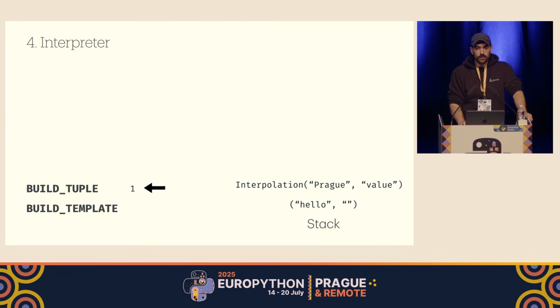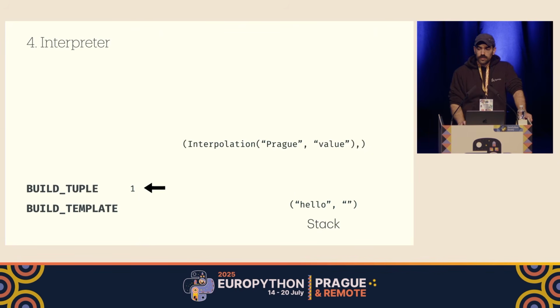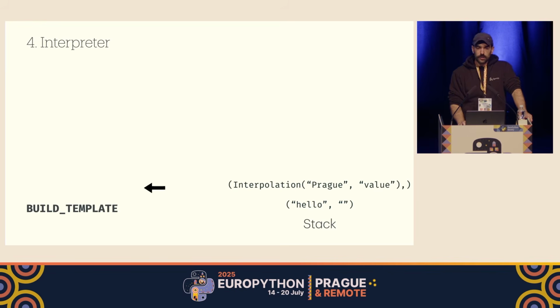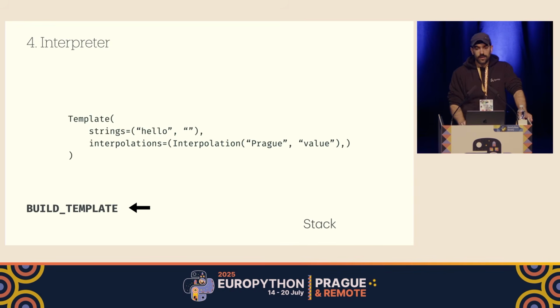It then evaluates that build tuple instruction. So it creates a 1-element tuple with the interpolation in it. It pushes that onto the stack once again, and then it builds a template. So what a build template does is take 2 elements from the stack. That's going to be the strings and the interpolation tuples we see now, and we know how they have been created, and it creates a type and packs them into that template type.